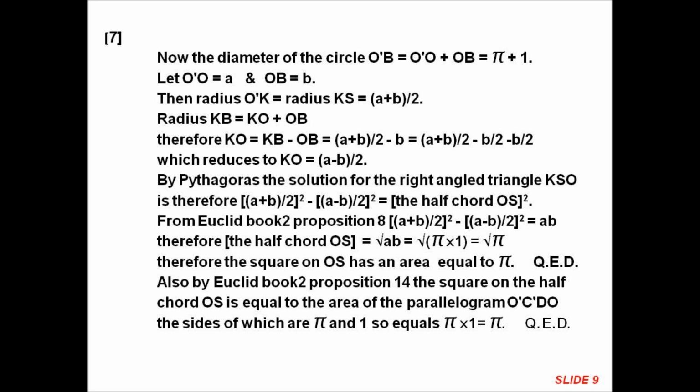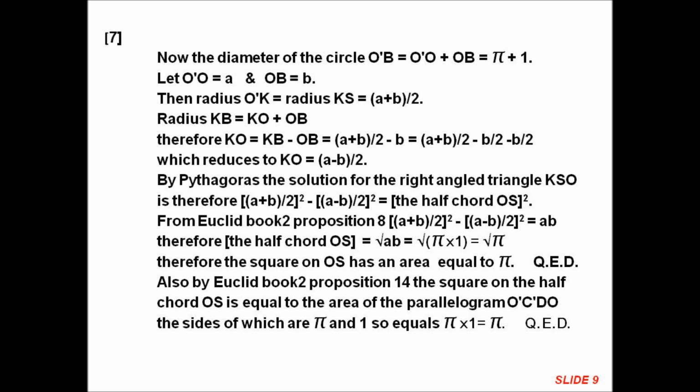By Pythagoras, the solution for the right-angled triangle KSO is therefore ((A plus B) divided by 2) squared minus ((A minus B) divided by 2) squared, which is equal to the half chord OS squared.